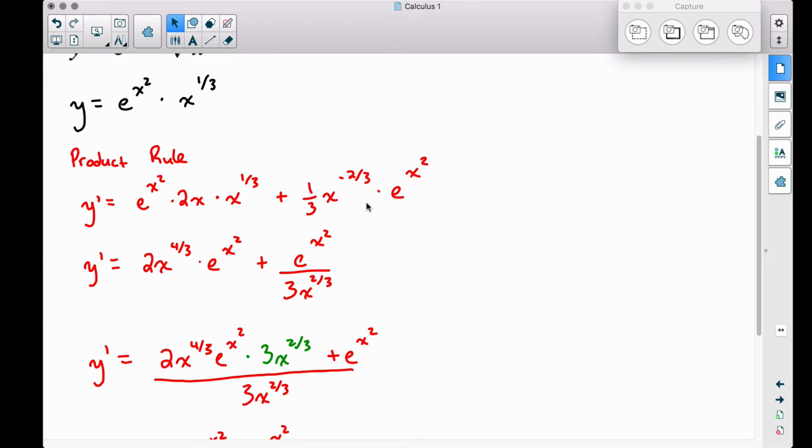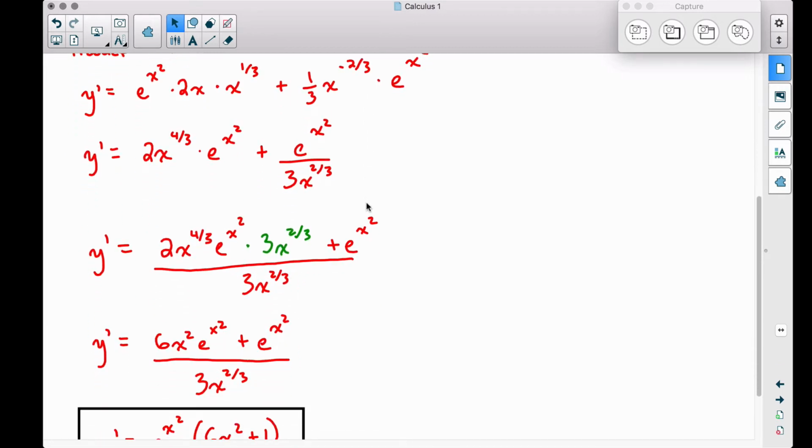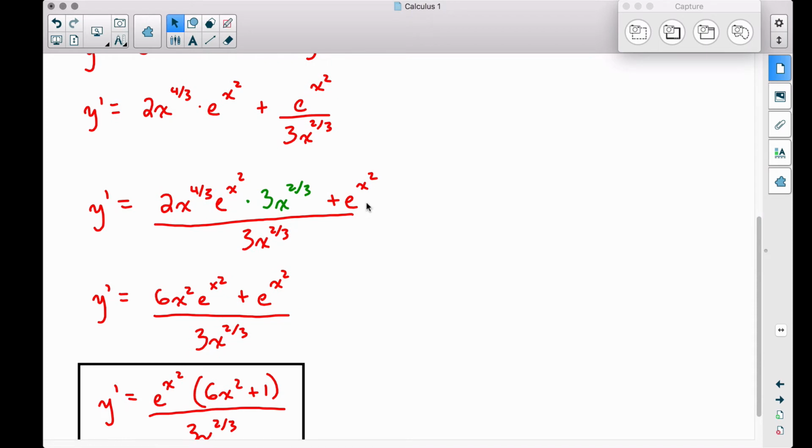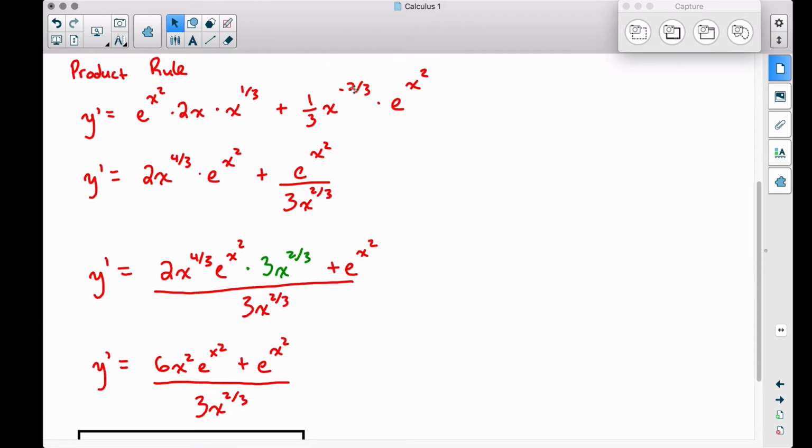Everything from here on down is a matter of simplifying it, making it look a little bit better. What I've done here is shoot that 1/3 x to the negative 2/3 down to the bottom. I wrote a fraction out of this piece here. Then I multiplied all of this by 3x to the 2/3, as you can see right there. I multiplied all that in green to get a common denominator.